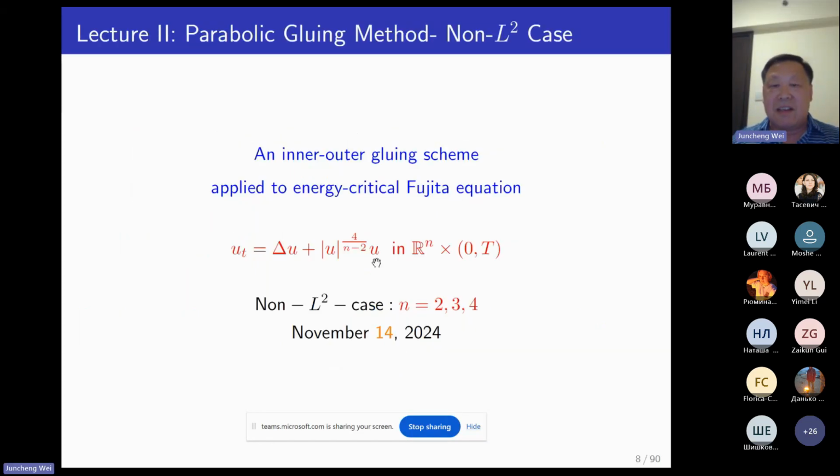This is the case in dimension 3 and 4, and later I will talk about dimension 2. In these dimensions, you see the major difficulty, which is non-L2: the kernel is not in L2, and this is what I'm going to discuss today.